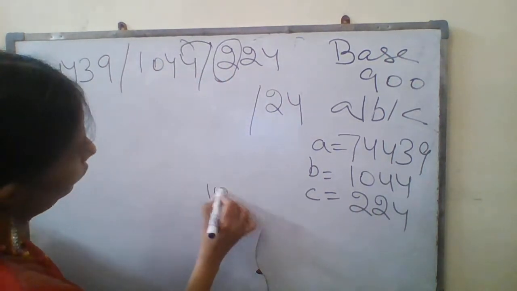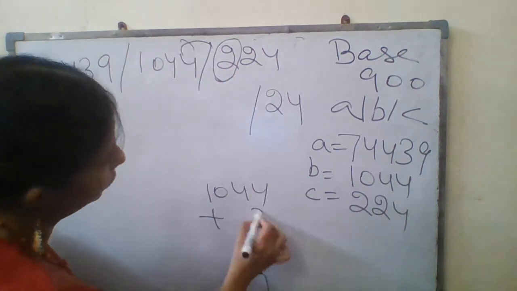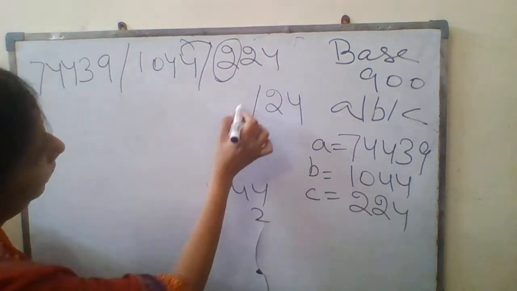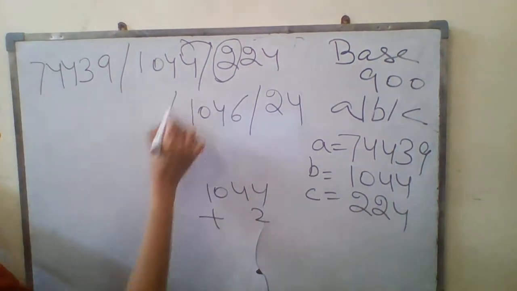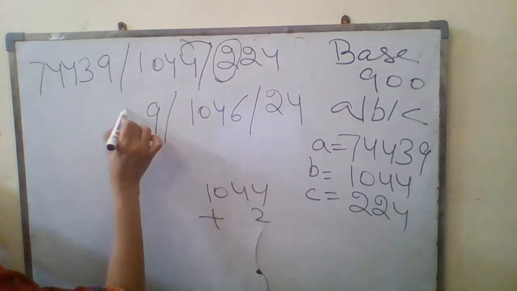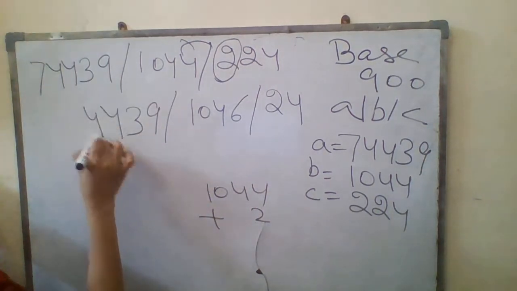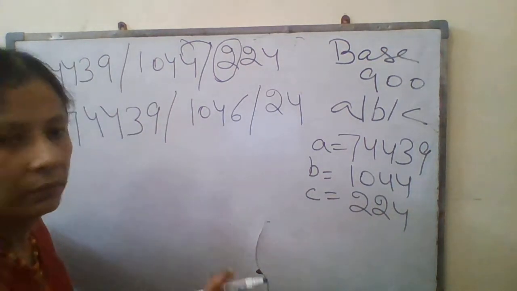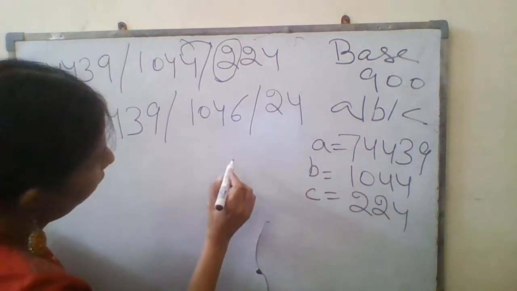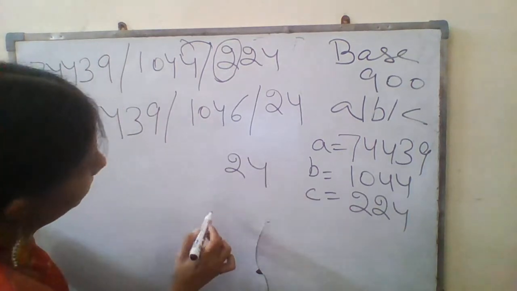Okay, so what will you do? 1044 plus 2. So this 4 plus 2 is 6, 401. Okay, now slash, now 93447. Now you see this is solved, so you will write down 24 as it is.